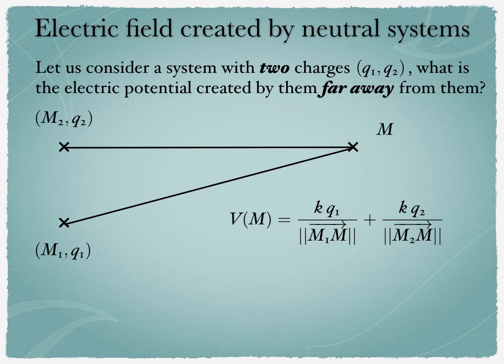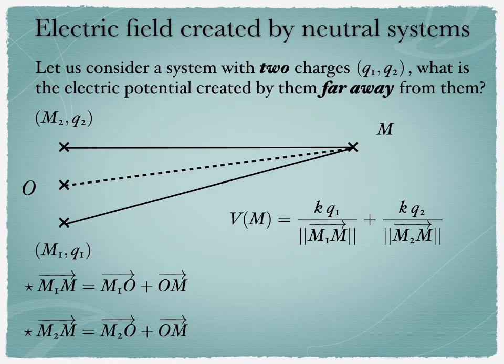Now, in order to do the calculation that I want to do, I need to phrase slightly differently the norms M1M and M2M. To that end, I put a point O, which is midpoint between M1 and M2, and I express the vector M1M as being simply M1O plus OM.